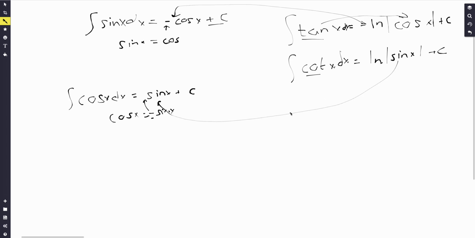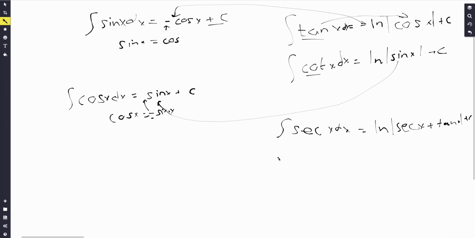The next integral would be the integral of secant x dx is equal to natural log of secant x plus tangent x plus c.